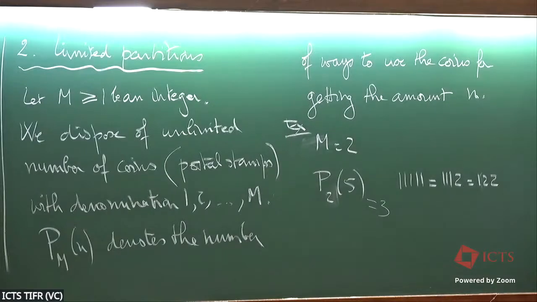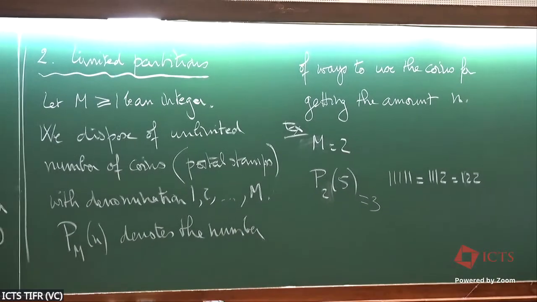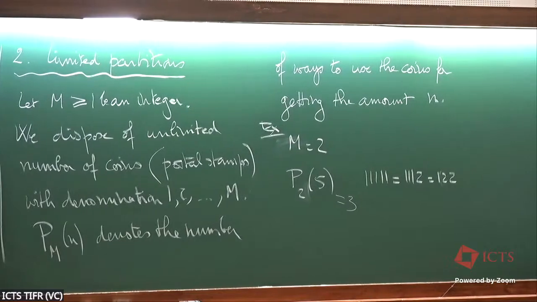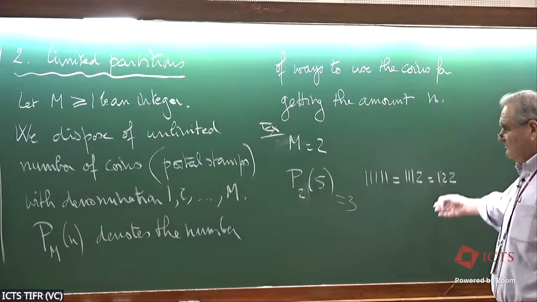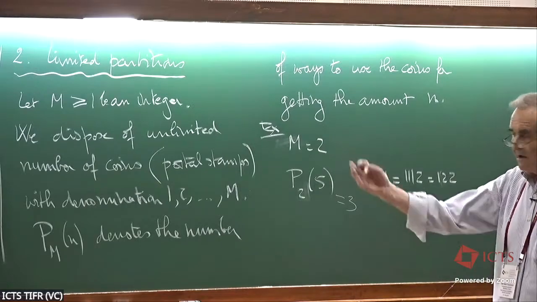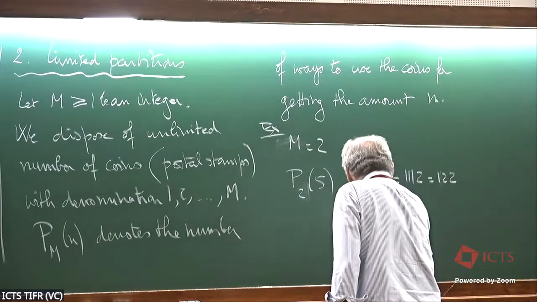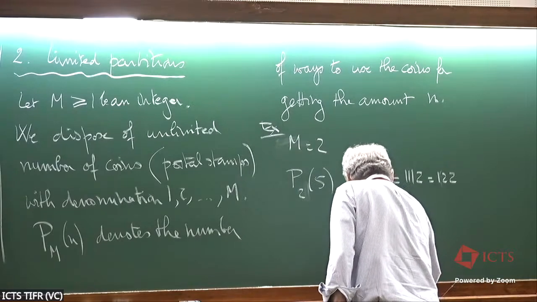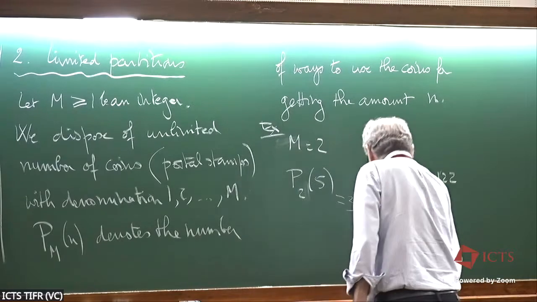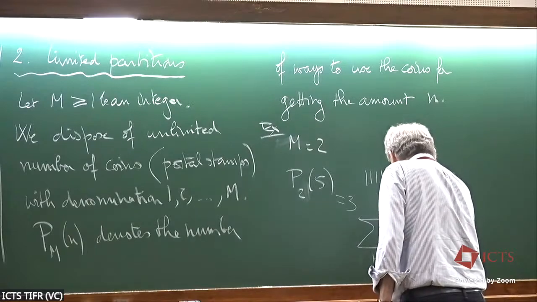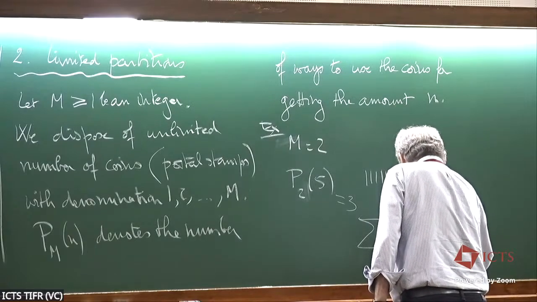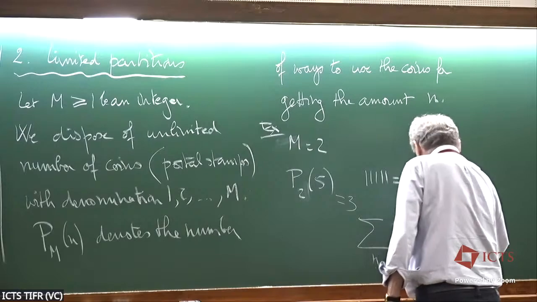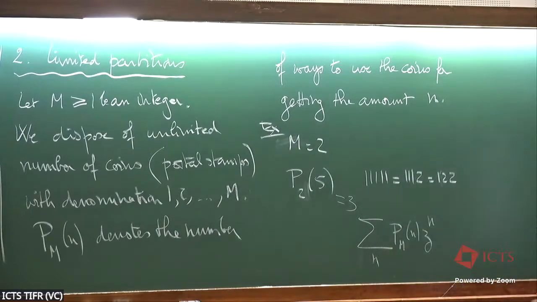Okay. So now the point is to try to understand what is the generating function of this. We know that for an additive question, the generating function of interest for us will be the summation over n of Pm of n times z to the n.